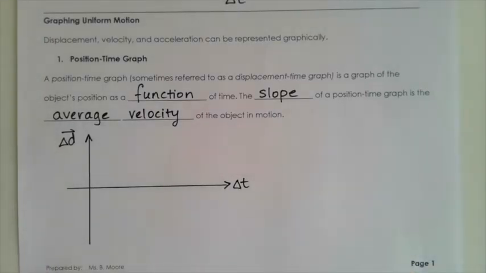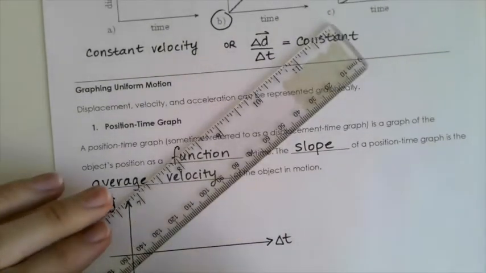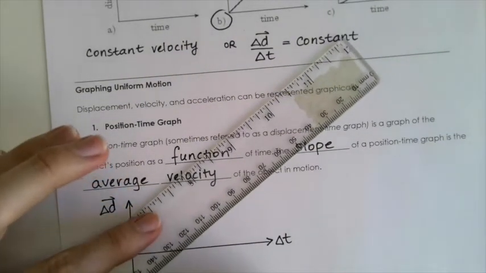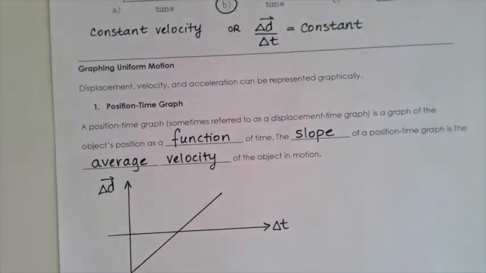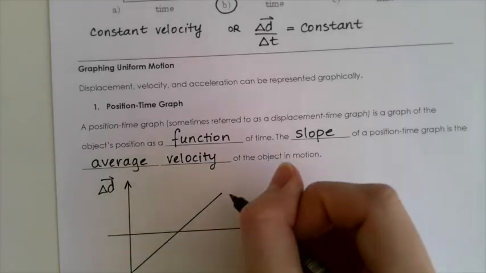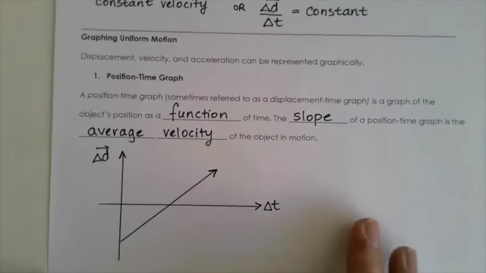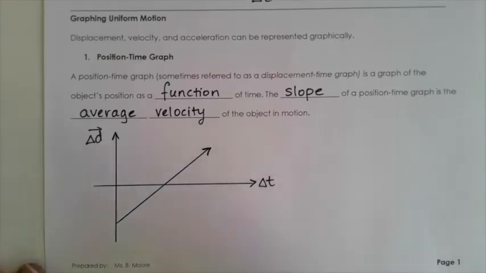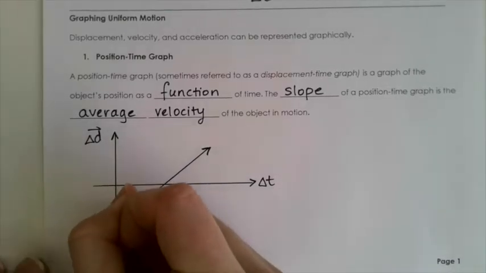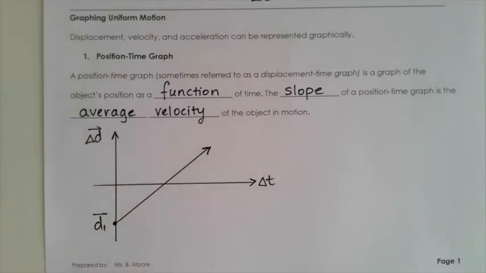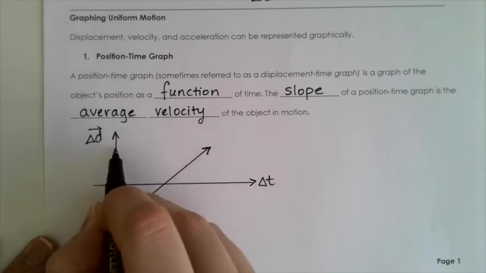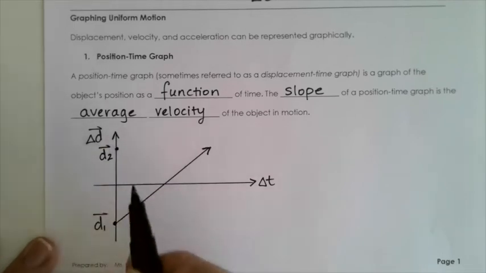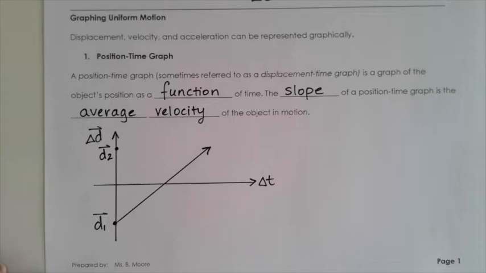So we'll just choose an object that departs from the direction negative to the reference point and then travels through the reference point and travels onwards into the positive direction here. We'll call this point here D1, or the initial position of the object, and then this point up here, we'll call it D2, or the final position of the object.